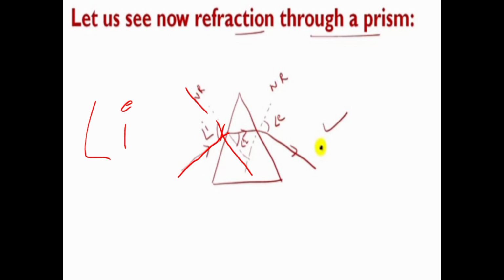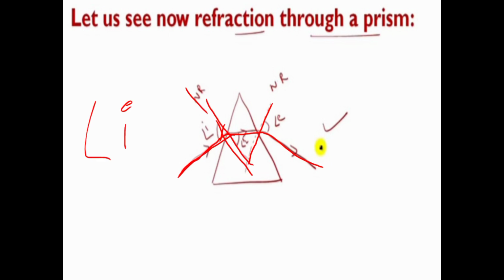Then from here it passes and it refracts this way. Here an incident ray passes, so this is the angle of incidence.